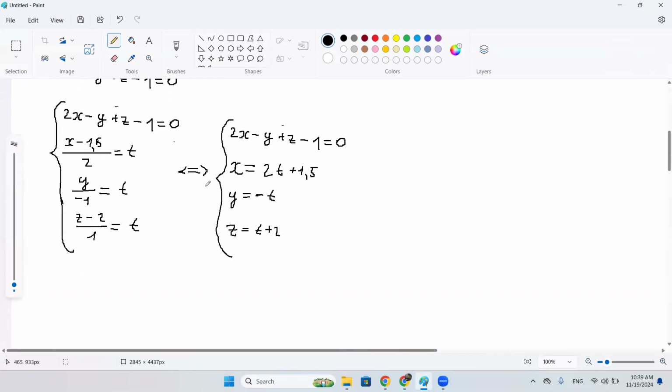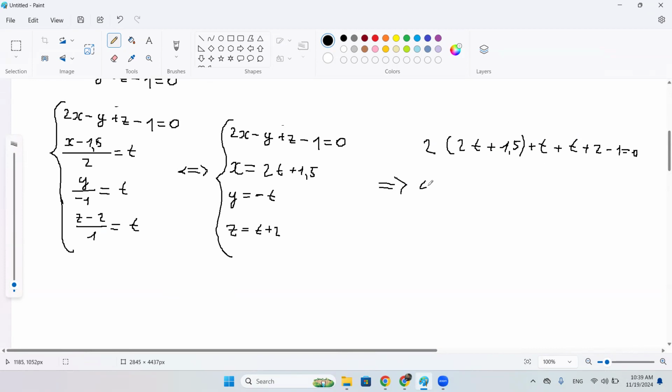And now let's substitute into the equation of the plane. So 2 by (2t plus 1.5) plus t plus t plus 2 minus 1 equals 0.